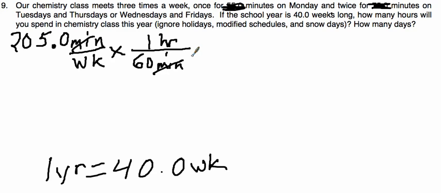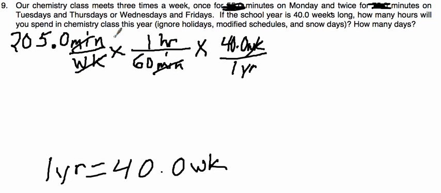We're not talking about a regular year of like a 52-week year. We're talking about a school year. Our bottom conversion factor has the value we're going to use: 40.0 weeks in 1 year, and we get to cancel off our weeks.